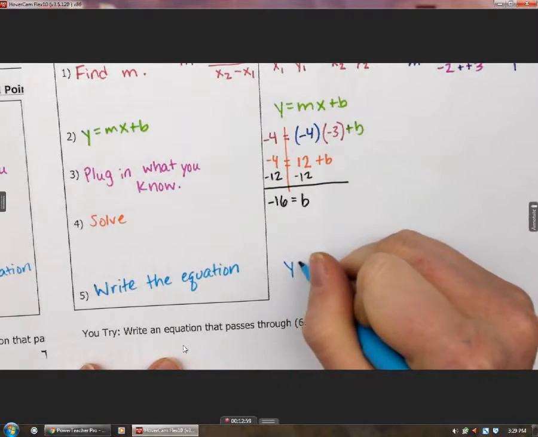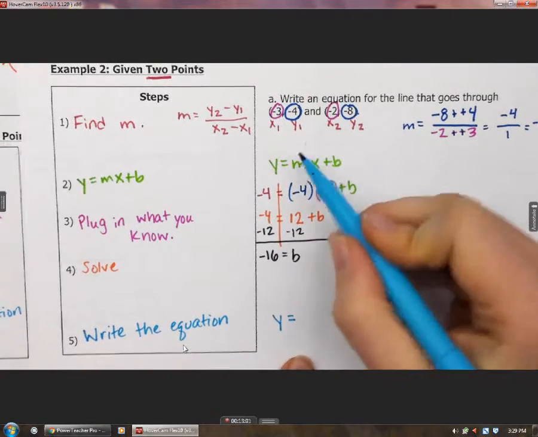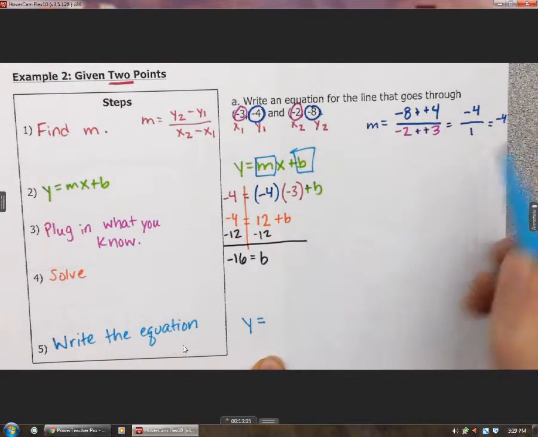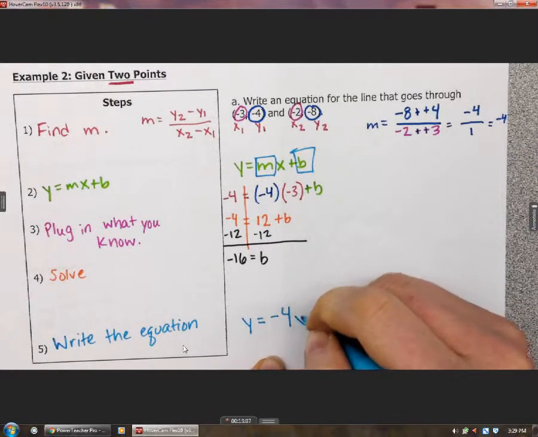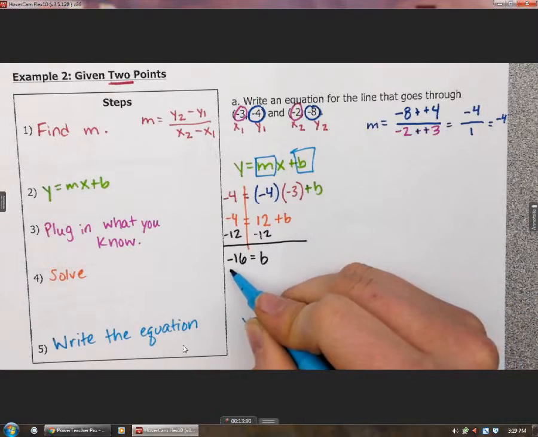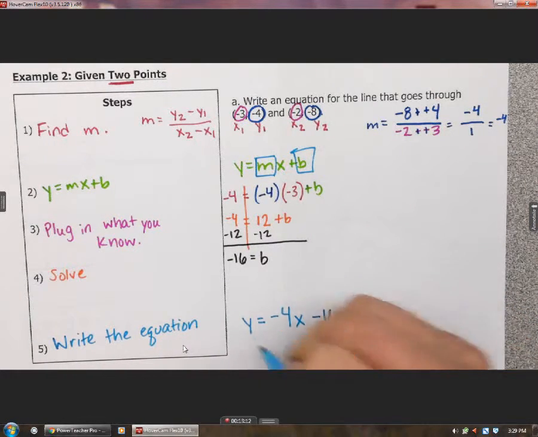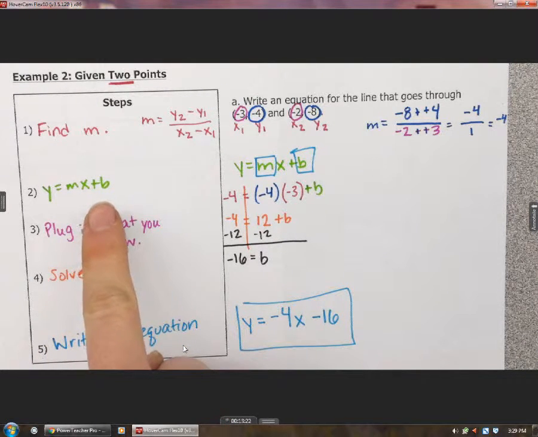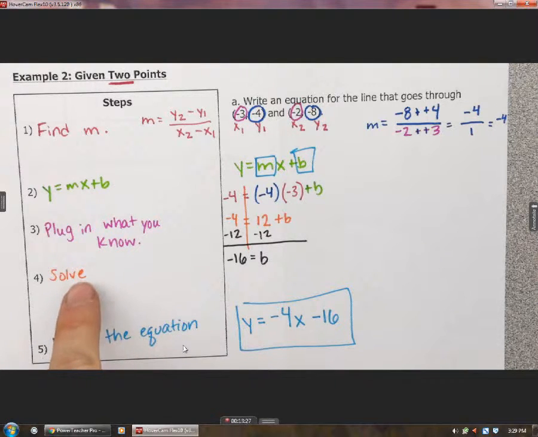So I'll have y equals, my two ingredients, I need the m and the b. I found the m was negative 4. B is negative 16. Done. Find the slope. Write the original equation. Plug in what you know to find b. Solve it out, write your final equation.